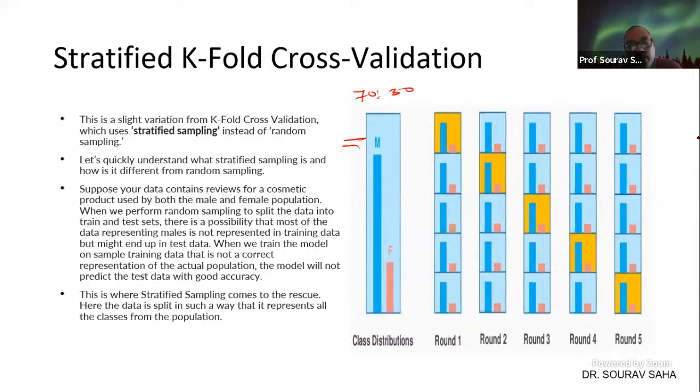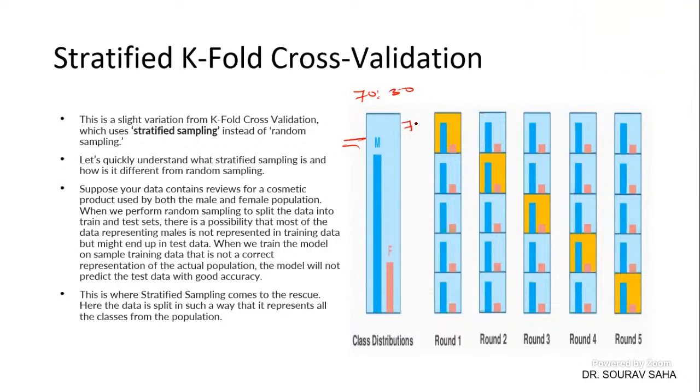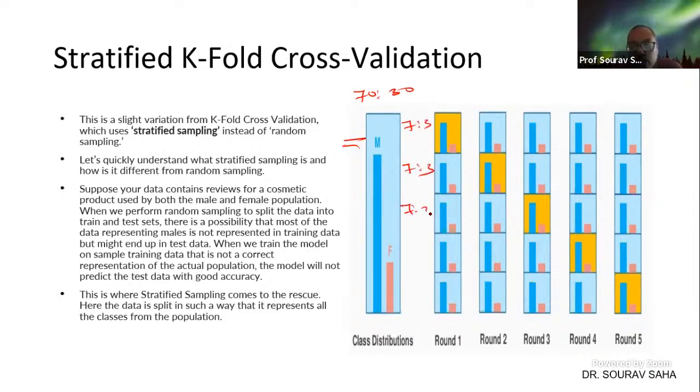These things might end up wronging the model altogether. So in this case, we split the data in such a way that the split maintains the proportions of the different classes. Here, the original data was partitioned 70-30, so each of these partitions also has this 7:3 ratio.